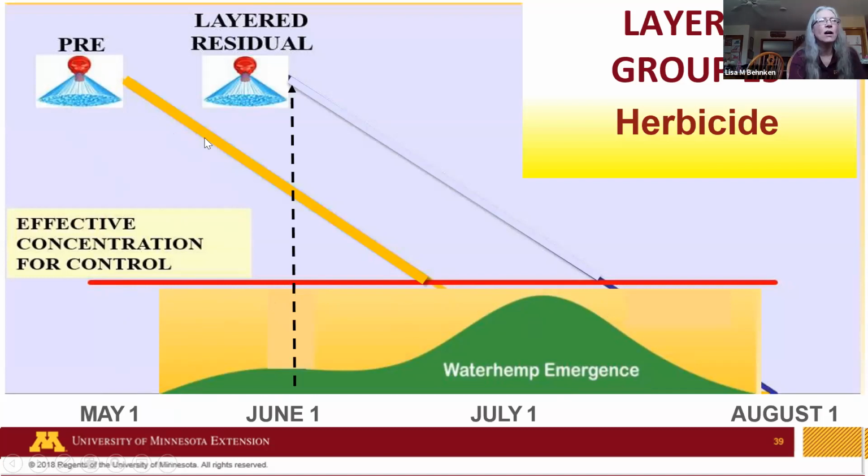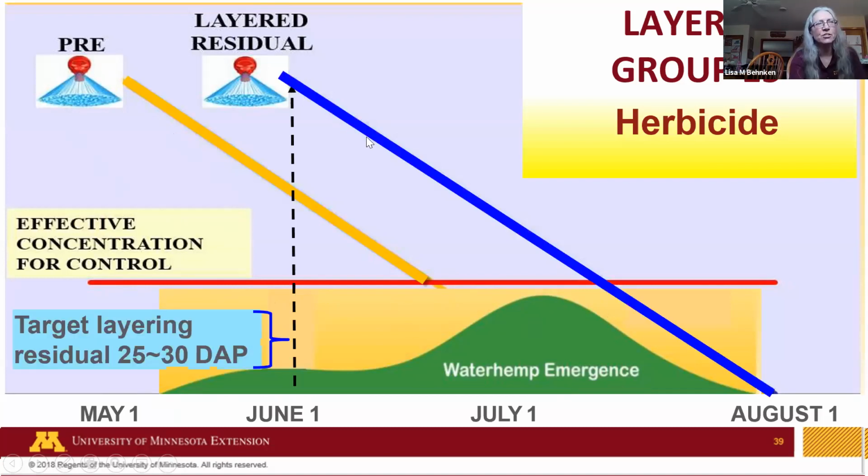So we talk about layering and getting that additional residual to carry us later in the season to control this waterhemp. Our target is about 25 to 30 days after planting. And then again, our goal is to have that working for us for the season. It may not be complete, but this is still our best program for working a good program for waterhemp throughout that season.